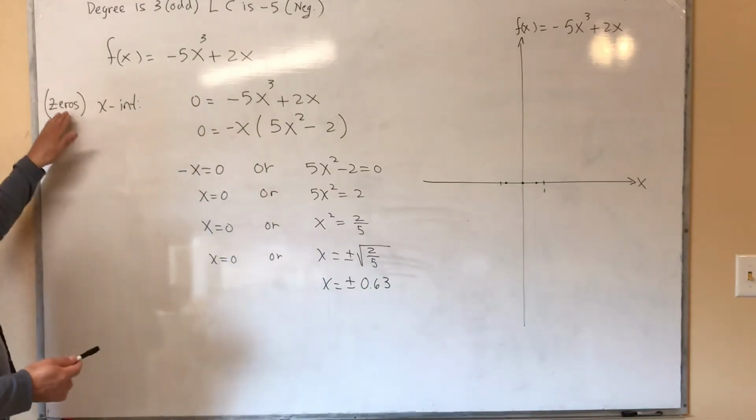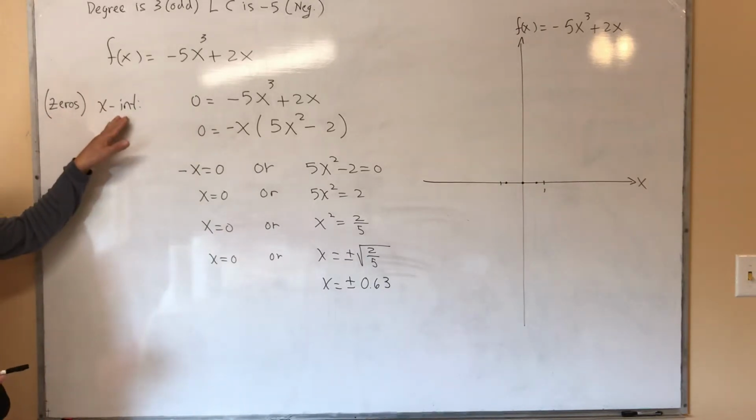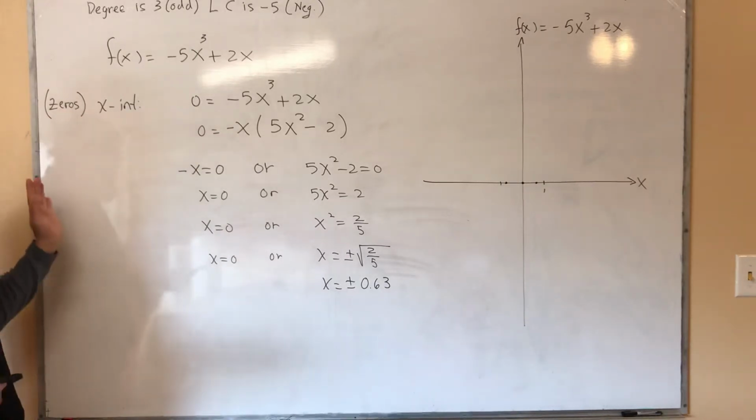So now we found the x-intercepts, which we call the zeros.